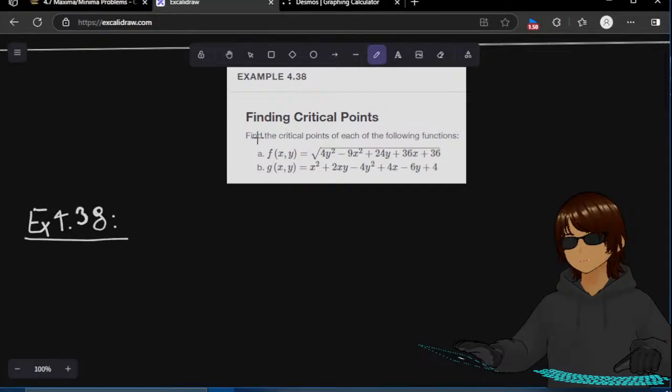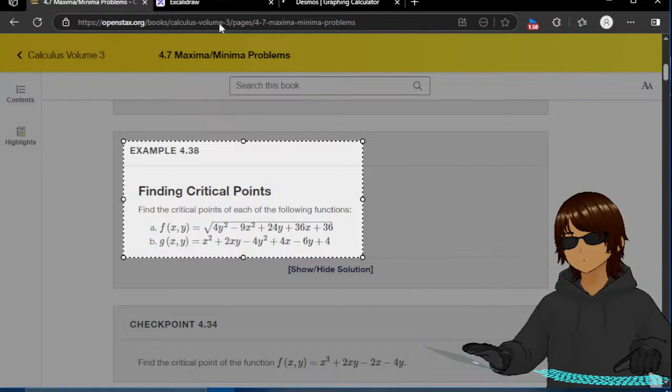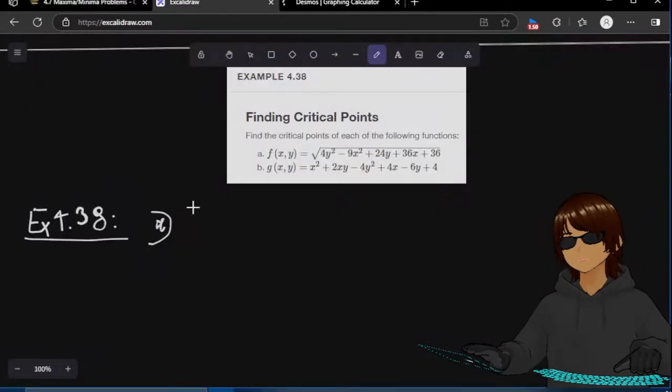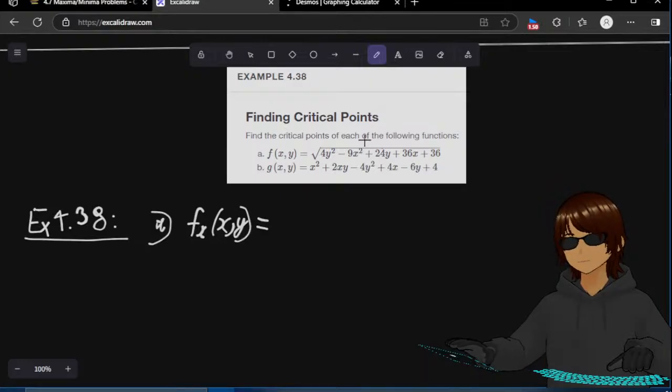This is A and this is B. Let's try A first. f of x is this. Now, is there... no, never mind. Partial derivative. I think it's easier to write it like this. We take all this, we do the chain rule.